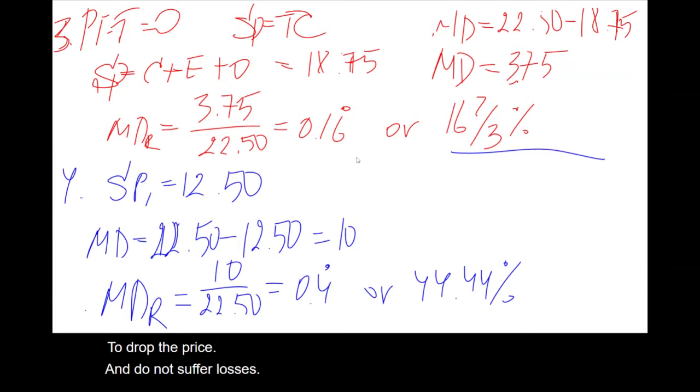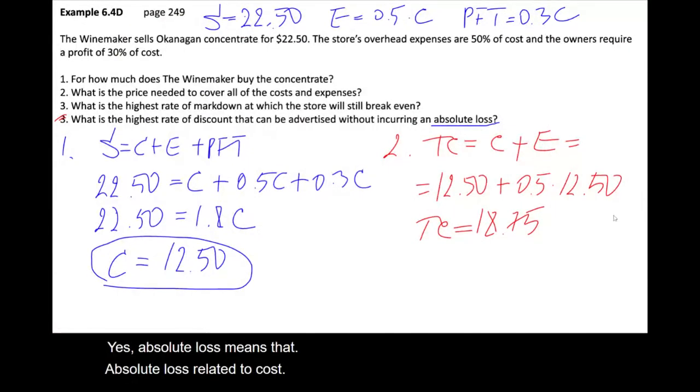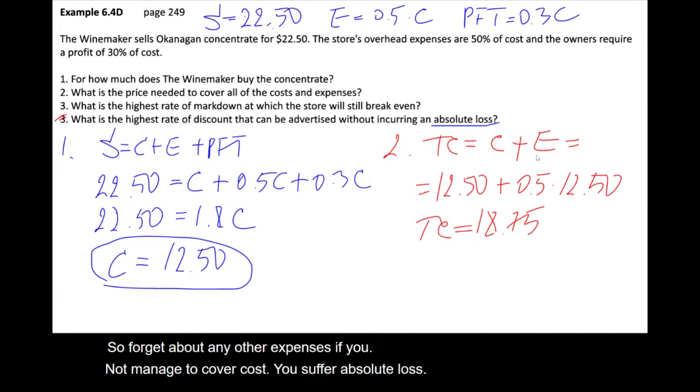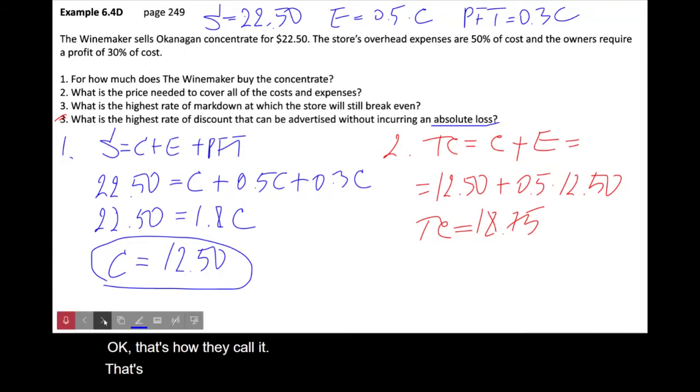Yes, absolute loss means that absolute loss related to cost. So forget about any other expenses. If you do not manage to cover cost, you suffer absolute loss. Okay, that's how they call it.